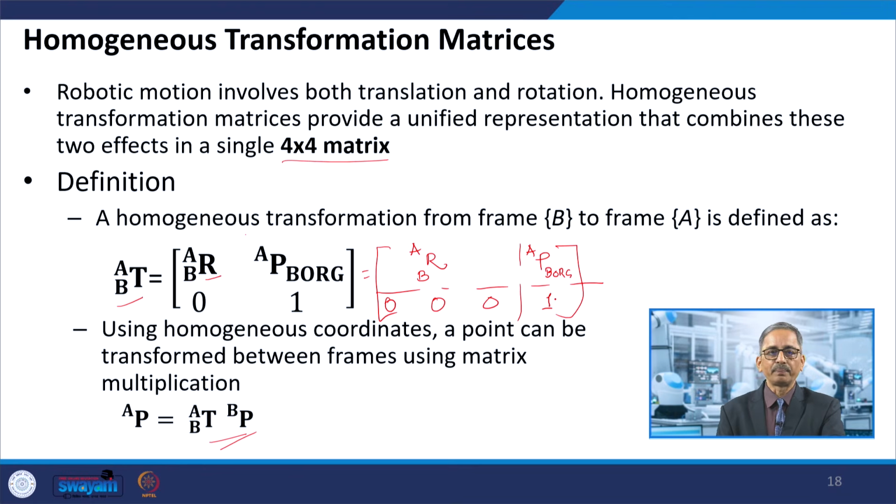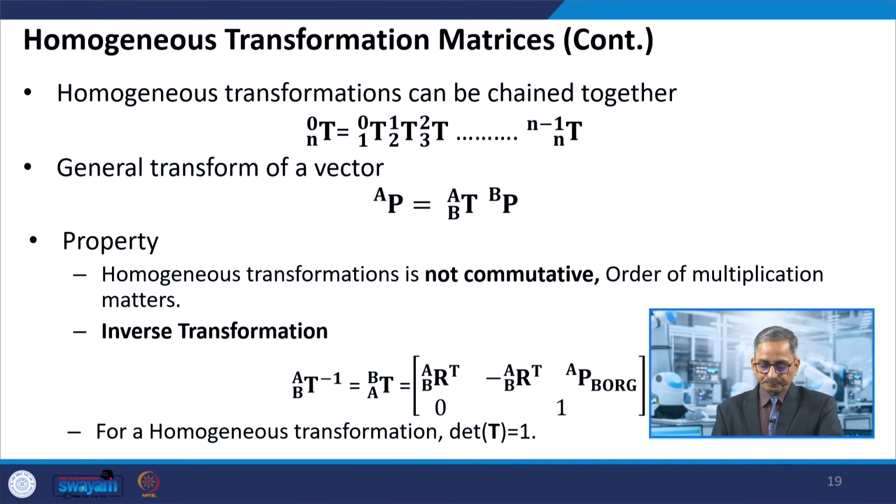This way of representation is what we call the homogeneous representation, and it can take care of the translation as well as the rotation. The homogeneous transformations can be chained together.